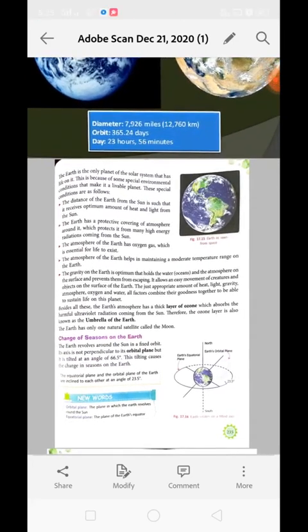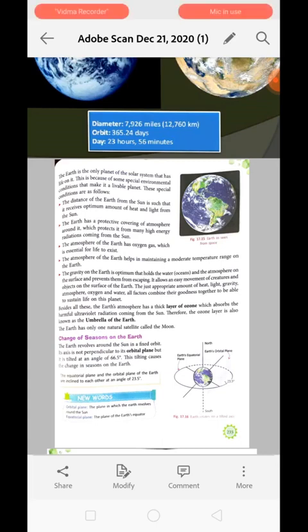The Earth is the only planet of the solar system that has life. We are living on the Earth. We are alive. This is because of some special environmental conditions that make it a livable planet.